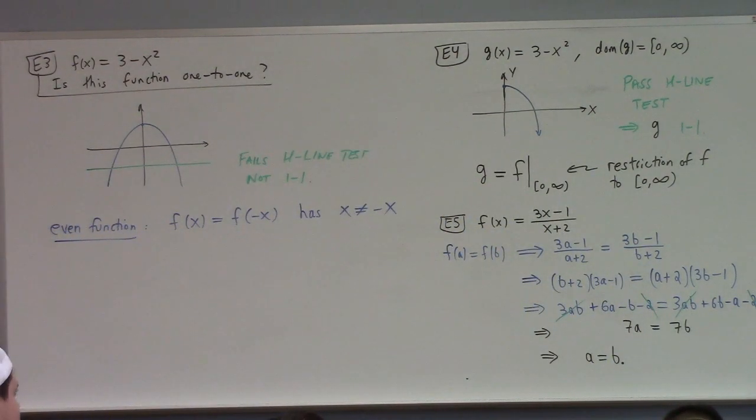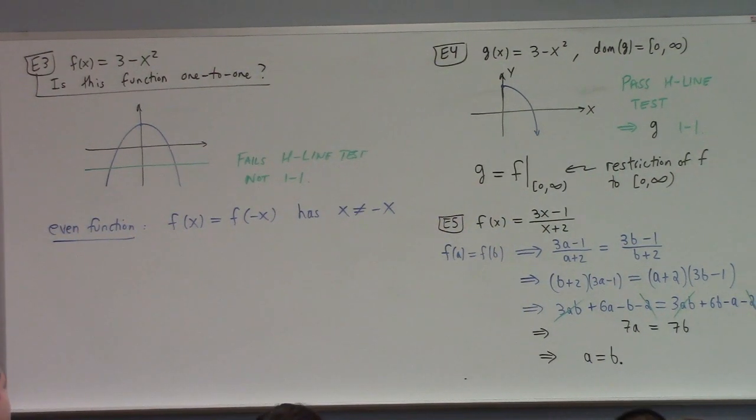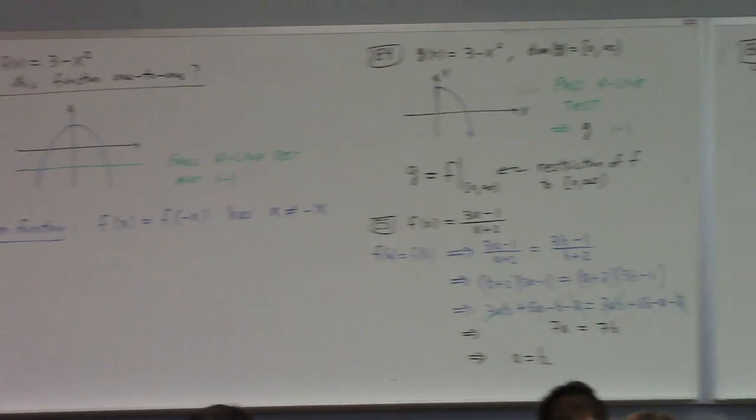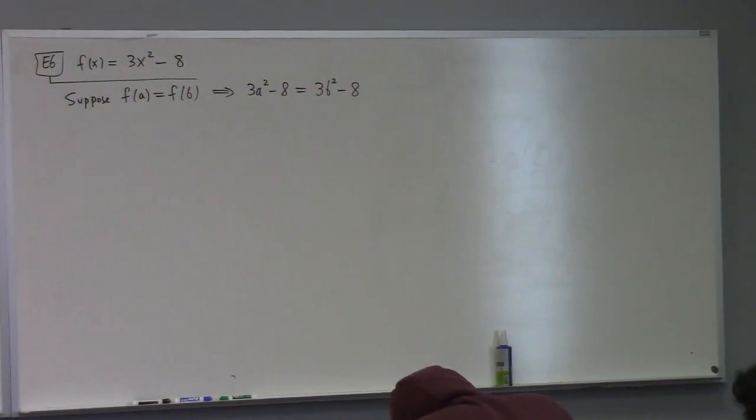What does that say about a and b? We get a squared equals b squared from that, right? Do you guys see it?